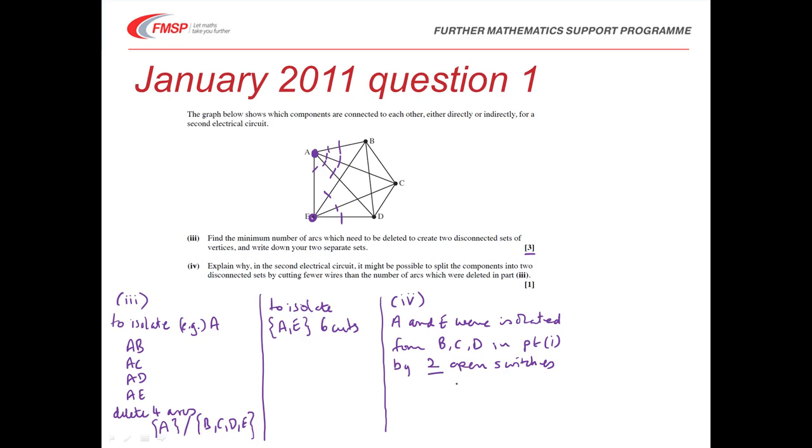It certainly beats 6 cuts, which is what I'd have to do, but I've got to explain, and I think the explanation is because there were routes via other vertices. In other words, what they've elsewhere called indirect routes, rather than by a unique edge.